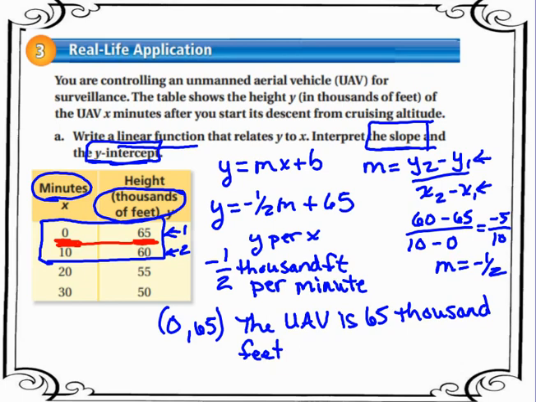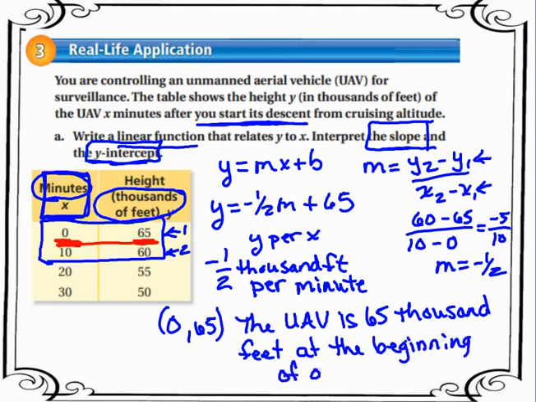And when is that? At time 0. What is time 0? Time 0 is when you start your descent. So it says the UAV is 65,000 feet at the beginning of our descent.